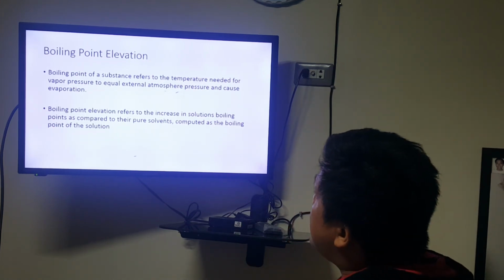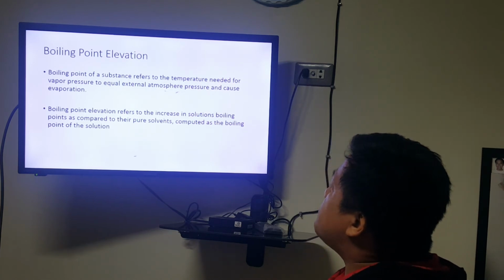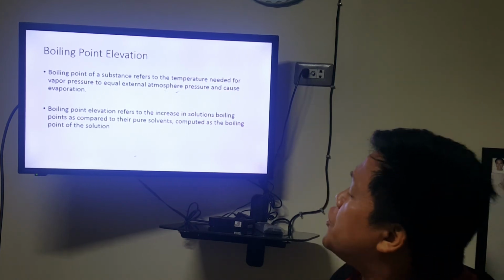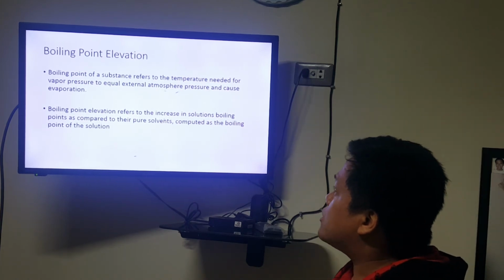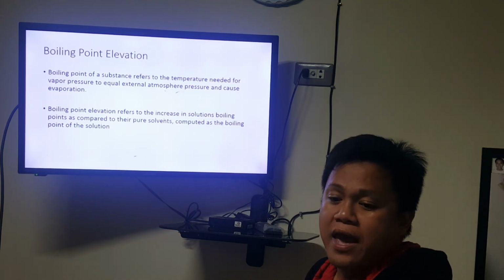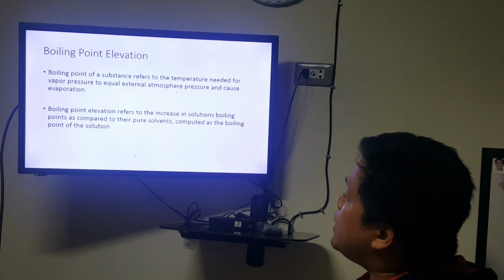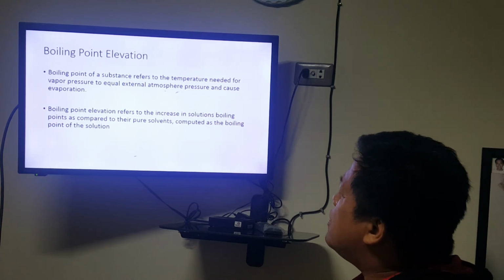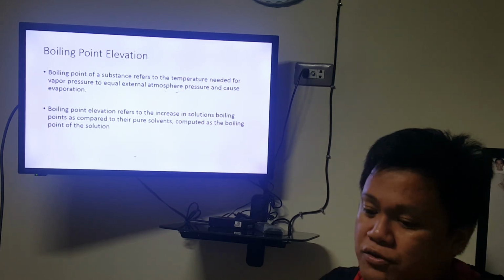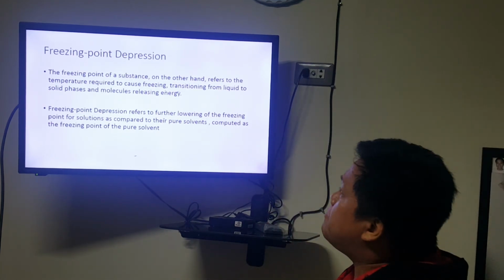Boiling point elevation. The boiling point of a substance refers to the temperature needed for vapor pressure to equal external atmospheric pressure and cause evaporation. Boiling point elevation refers to the increase in a solution's boiling point as compared to its pure solvent. Freezing point depression.